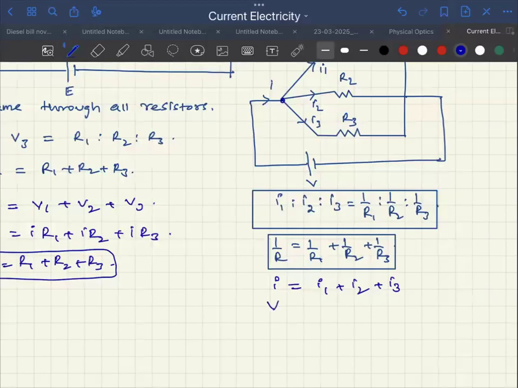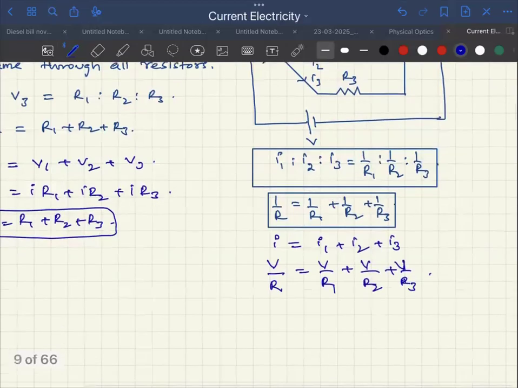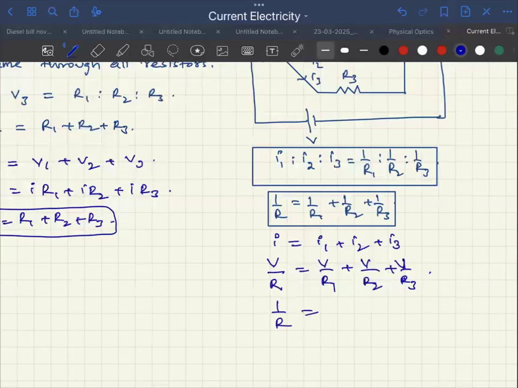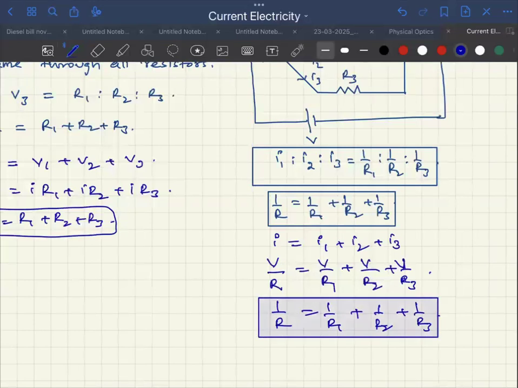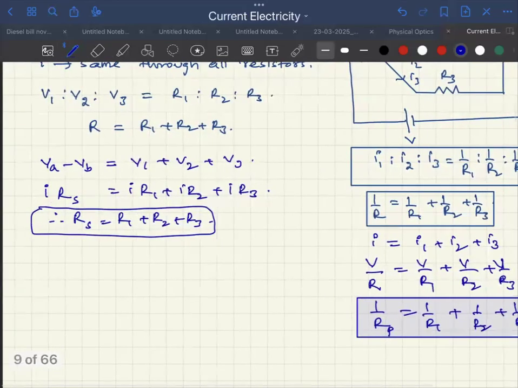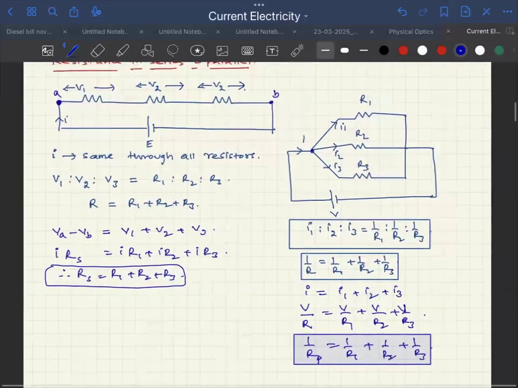Now, potential difference by R is potential difference by R1 plus potential difference by R2 plus potential difference by R3. So therefore, 1 by R is 1 by R1 plus 1 by R2 plus 1 by R3. That's the picture. This is called parallel equivalent resistance. And this is called series equivalent resistance.